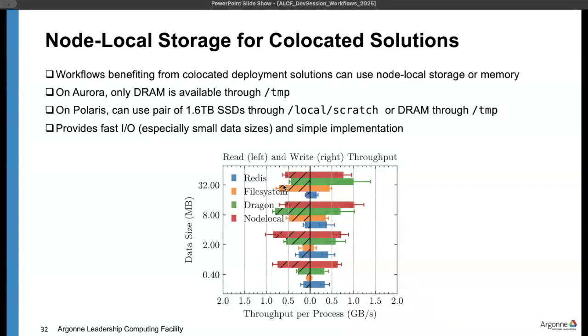So here's a diagram comparing Redis, which is effectively the backbone of SmartSim, the file system, Lustre on Aurora, Dragon HPC, and then the node-local solution. So this would be DRAM on Aurora. And you can see that for small message sizes, below a megabyte even, the node-local solution is the more performant option. As you go to larger message sizes, that's not necessarily true anymore, but that's definitely an option to keep in mind for our users.